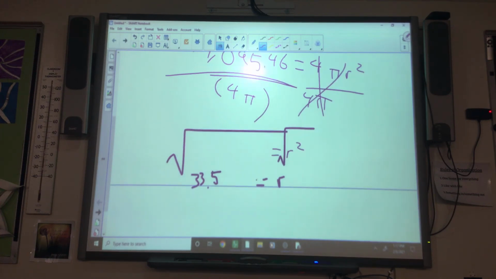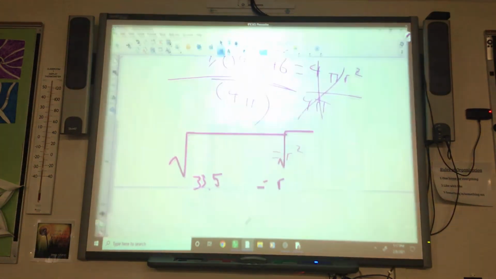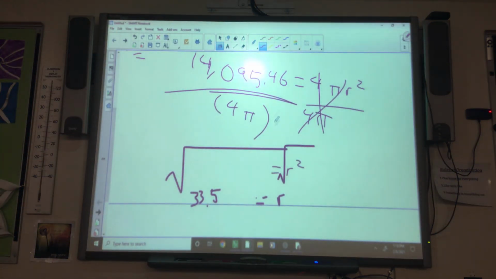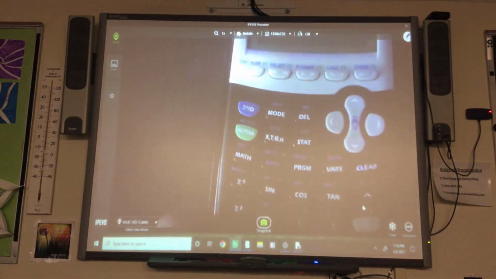Does anyone have the value for that one? I got 1,122.25, and then you have to find the square root of that. Well, think. If this is your formula, do you really think your radius is going to be 11,000? No. How do I find the square root?